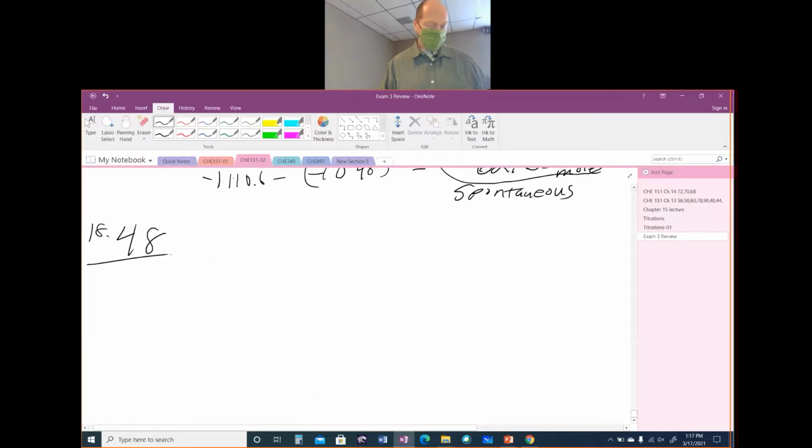All right, 18.48. For each of the following reactions, state whether the reaction is spontaneous or non-spontaneous as written.